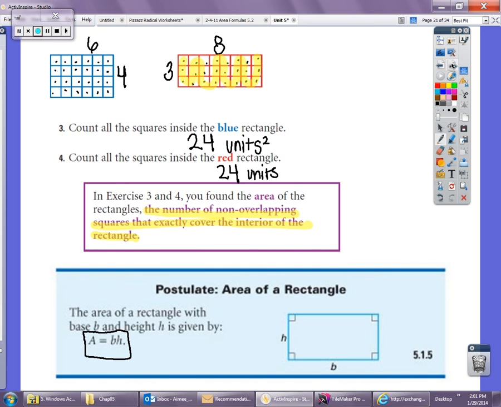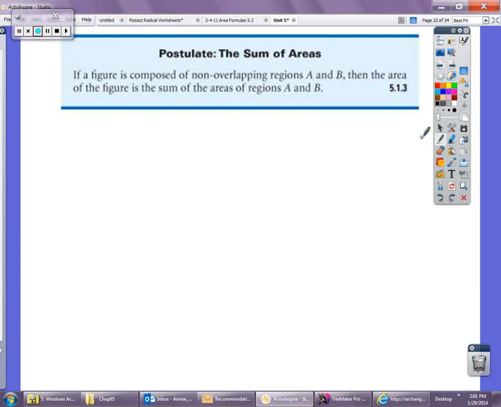Now, when I want to find the sum of areas, I just take the area of whatever region A I'm looking for and whatever region B I'm looking for, and I add them together. I take their sum.